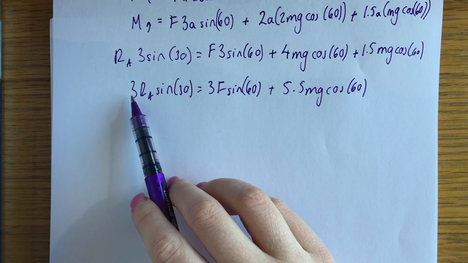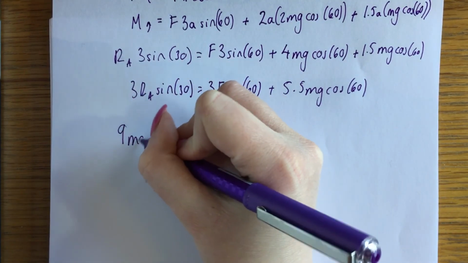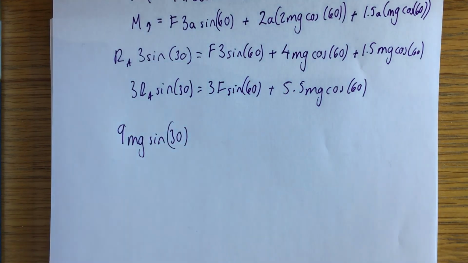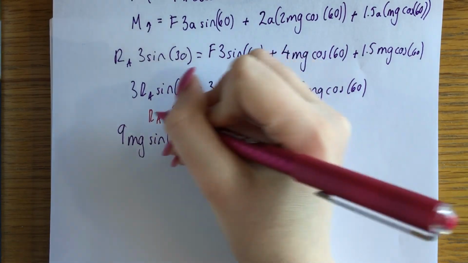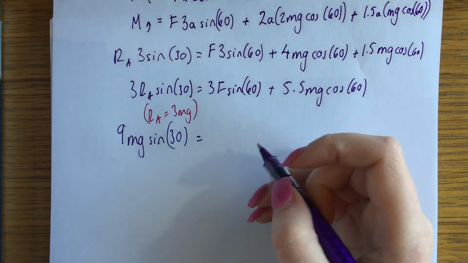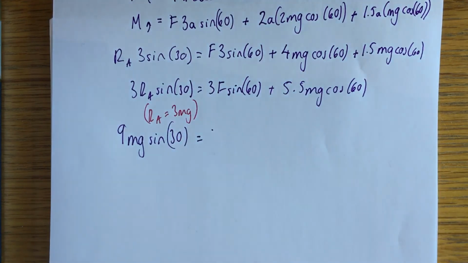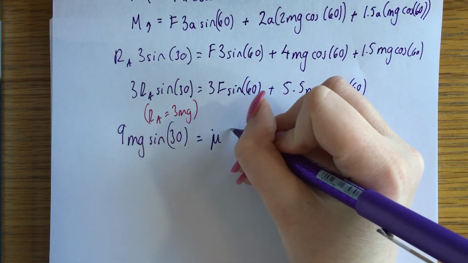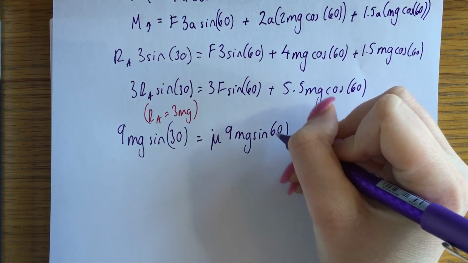So 3 lots of 3mg is going to leave me with 9mg sine 30. So as a reminder, I've substituted in the RA is 3mg. And that is equal to 3 lots of friction. So 3 lots of 3mg times mu. So mu times 9mg sine 60.